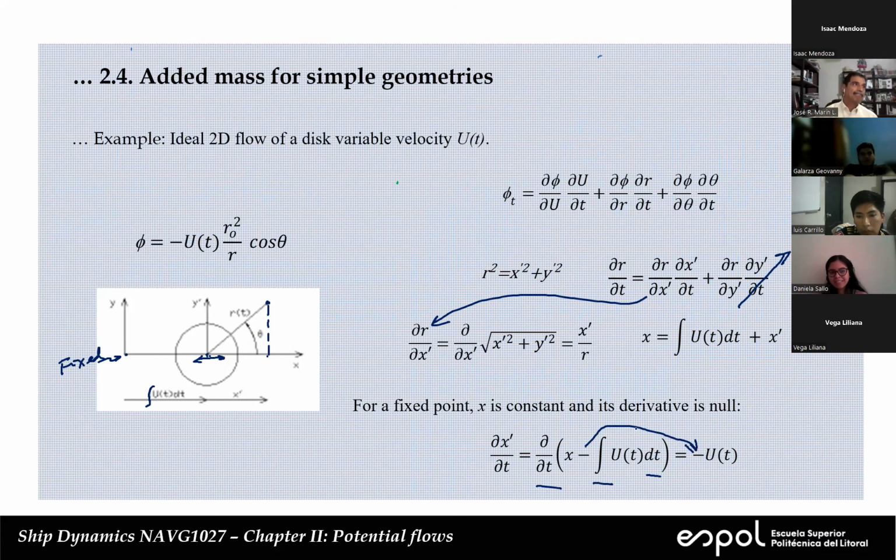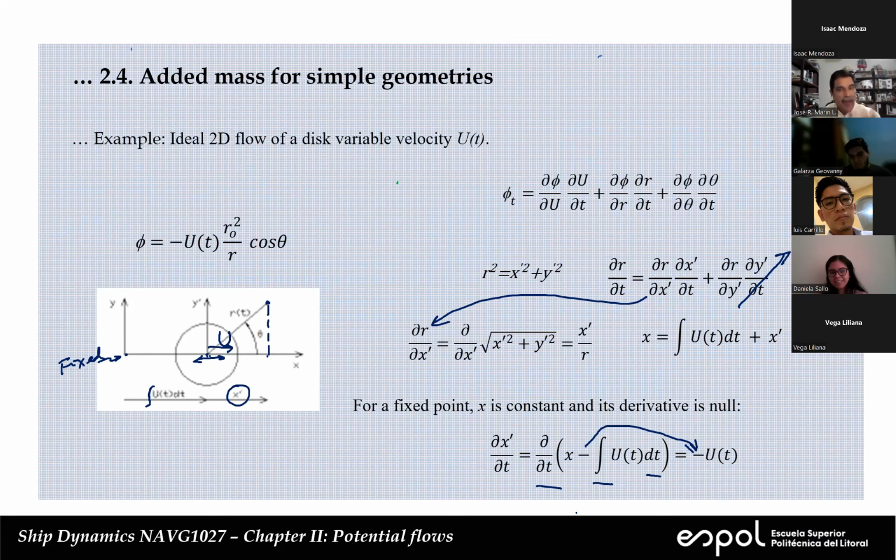Makes sense? Yes, because if you move to the right with velocity u, this distance reduces at a rate equal to the negative of u. Makes sense.